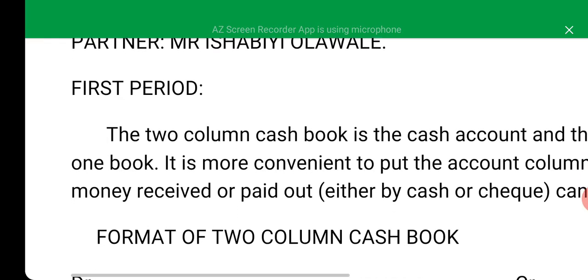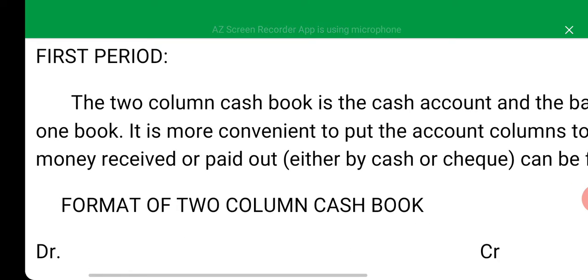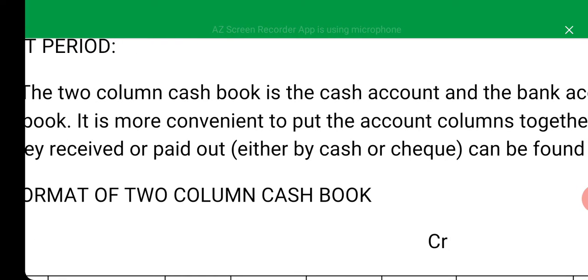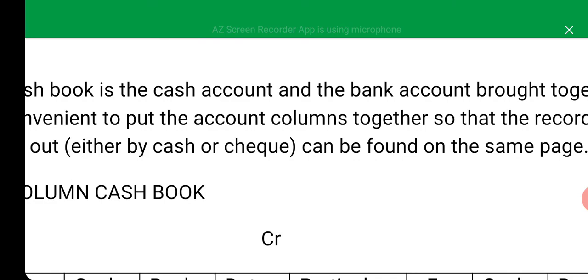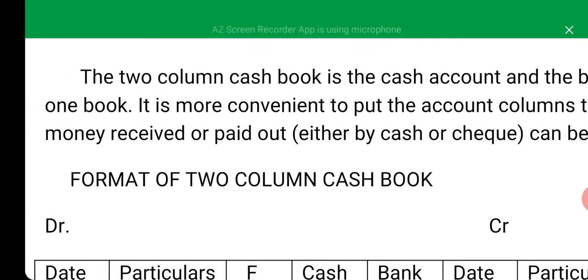So, we call it the two-column cash book because the cash account and the bank account are brought together into one book.